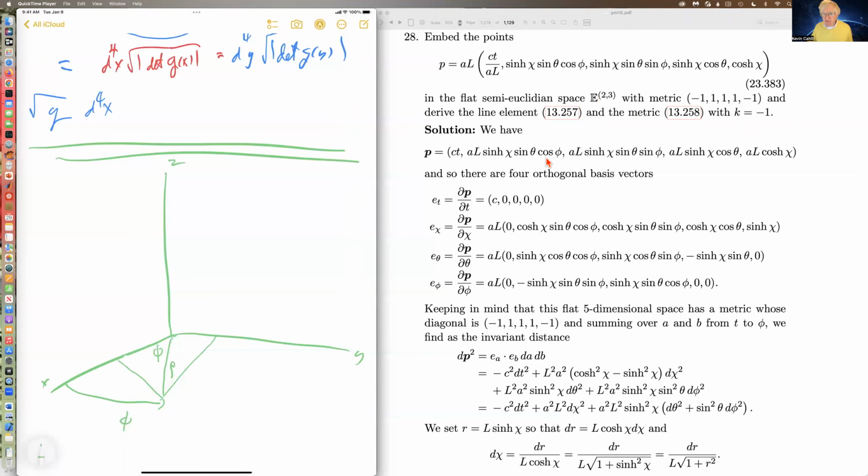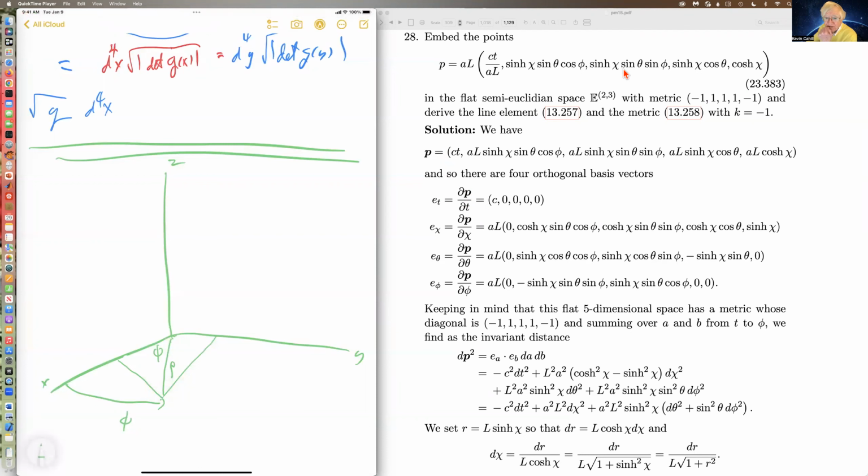Here are the coordinates of the point in this 5-dimensional space with this metric. And so to get the unit vectors, we just differentiate.